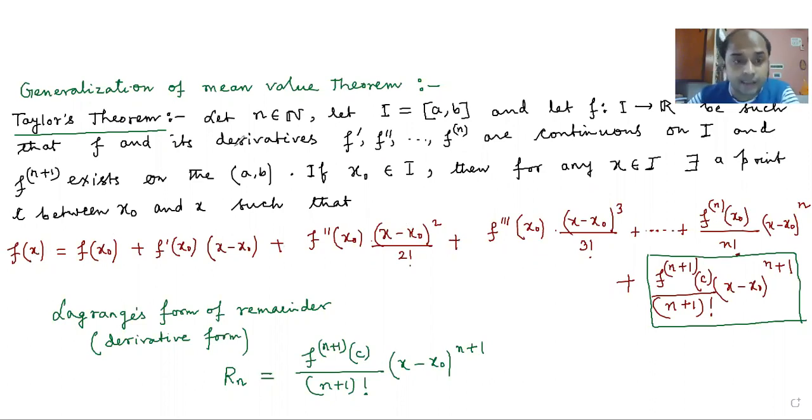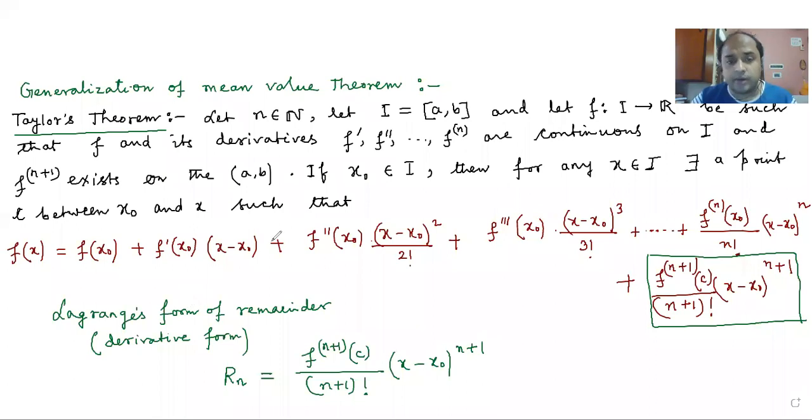I can only say at this point that this series is a finite series, with finite terms. Not only that, from this Taylor's theorem, the original Lagrange's theorem can easily be derived under some special conditions. If I consider only the terms f of x naught plus f dash x naught into x minus x naught on the right hand side, it is actually Lagrange's mean value theorem.